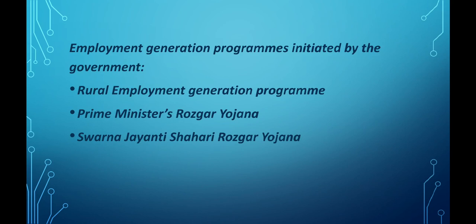Employment generation programs initiated by the government. A rural employment generation program, Prime Minister's Rozgar Yojana, Swarna Jayanti Shahari Rozgar Yojana. These are some important employment generation programs initiated by the government that we studied in the previous chapter.